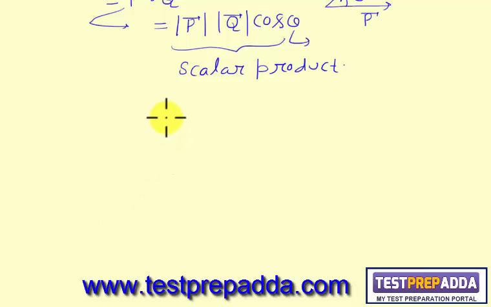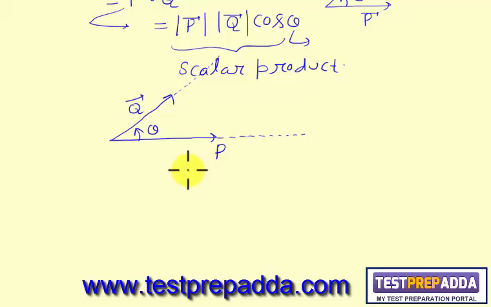So if I take this vector P and the vector Q at an angle theta, now if I drop a perpendicular from P on the line of support of vector Q, it will be like this, and this will be how much?